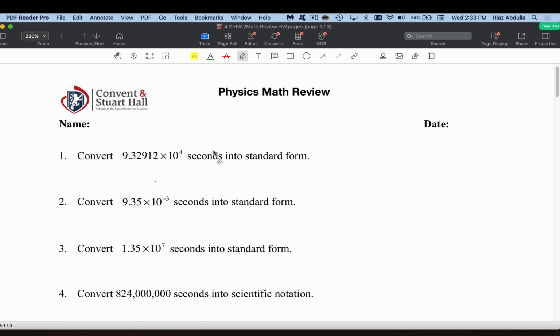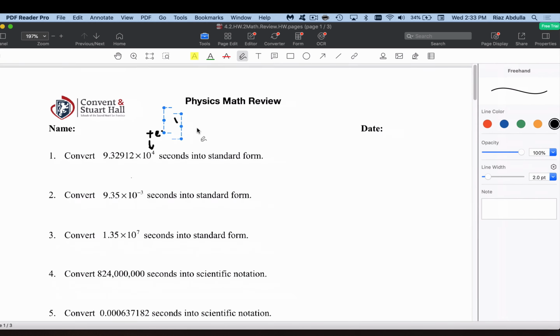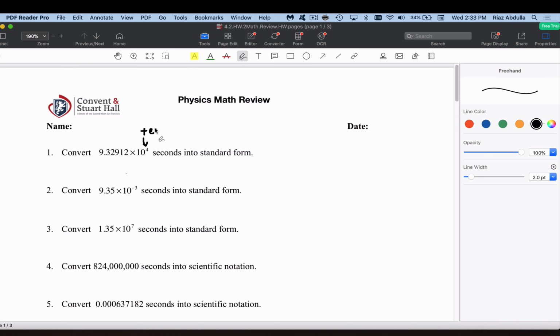So we're going to convert 9.32912 times 10 to the 4 seconds into standard form. And the way we're going to do that is we remember that since this is a positive exponent, we want to note that we're going to move to the right.